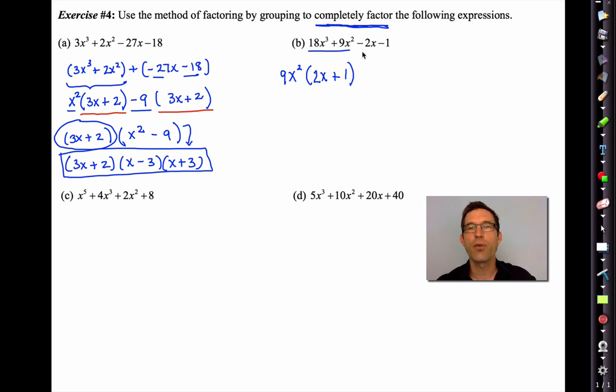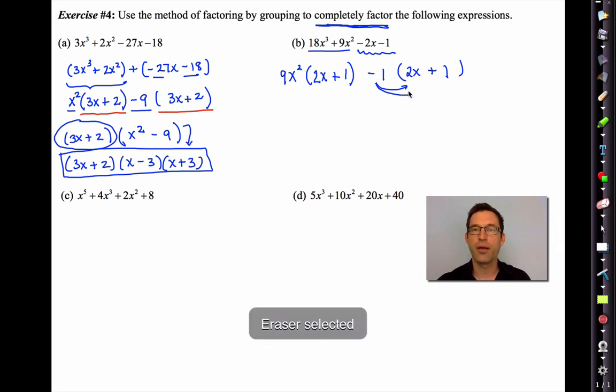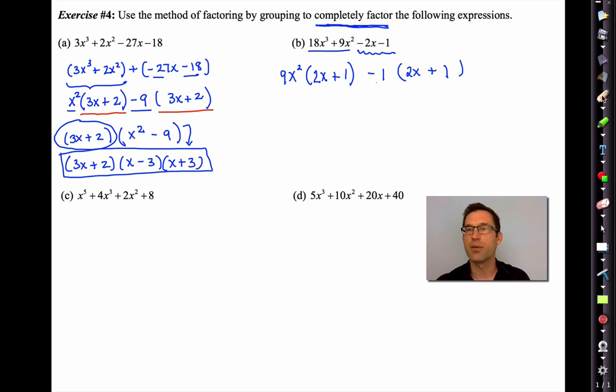Now remember, whatever I factor out of this, I want to also have a 2x plus 1 sitting here. And to do that, I would have to factor out a negative 1. But do you see that? If I multiply a negative 1 back through, it would give me the negative 2x minus 1. I'm not actually going to multiply a negative 1 back through because that would defeat the purpose.